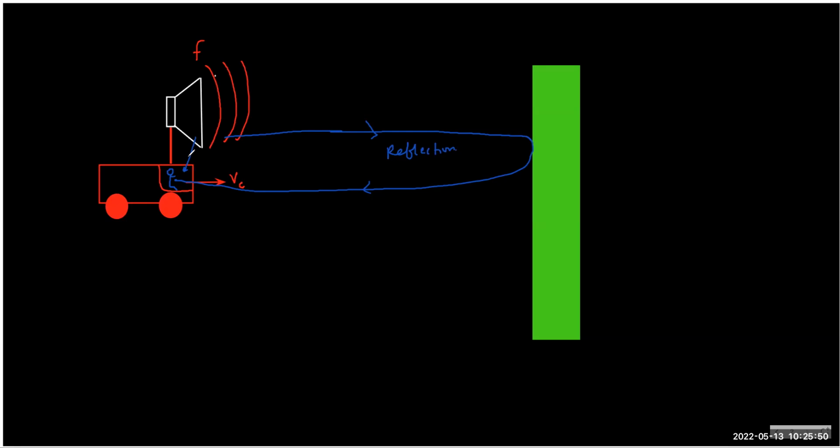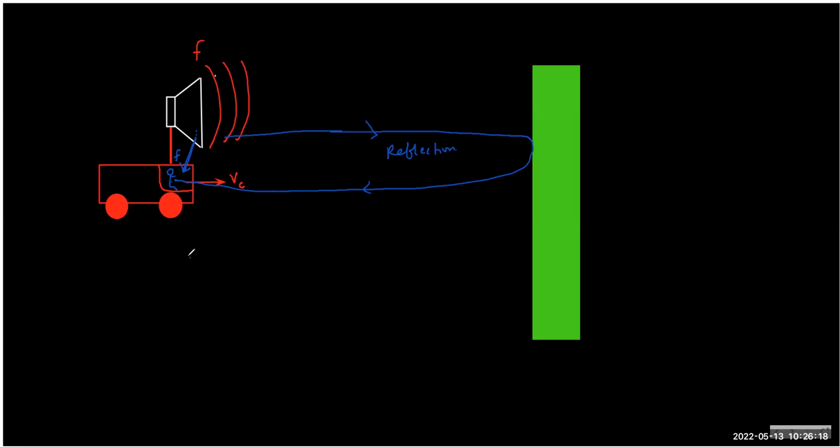Because if that sound is coming this way, there is no relative motion between the driver and the source. So what frequency he will hear is f only. But the frequency that he will hear because of the reflection will be f dash, maybe f double dash. So this will change the frequency. And therefore, the driver of the car will hear a beat frequency.